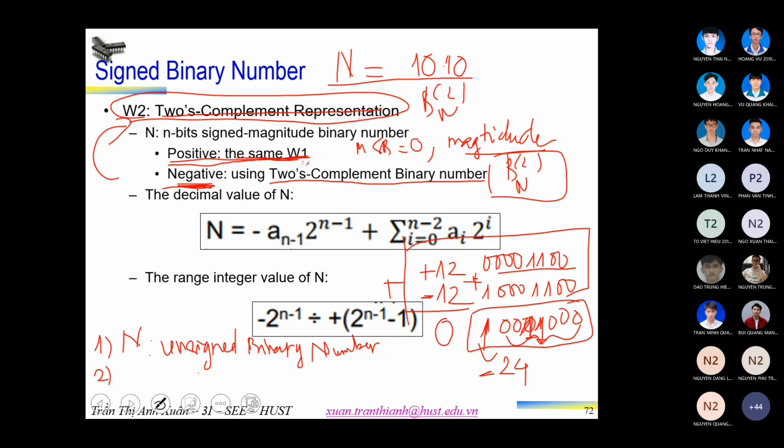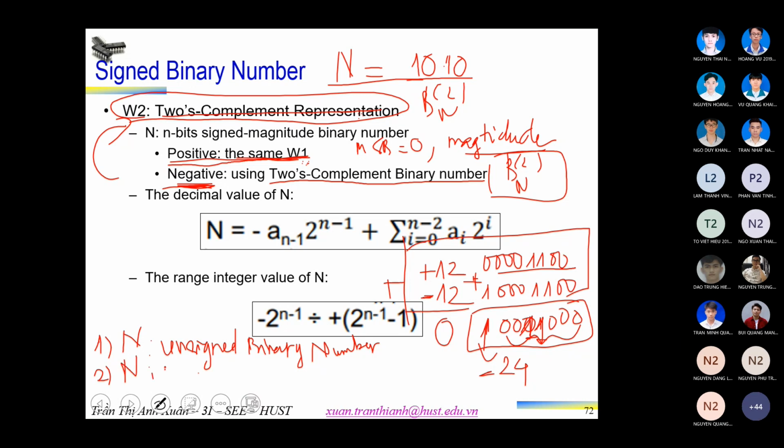An example here is 1010. So the first case is this number is an unsigned binary number. The second is this number is a signed binary number, but we express it in the first way.